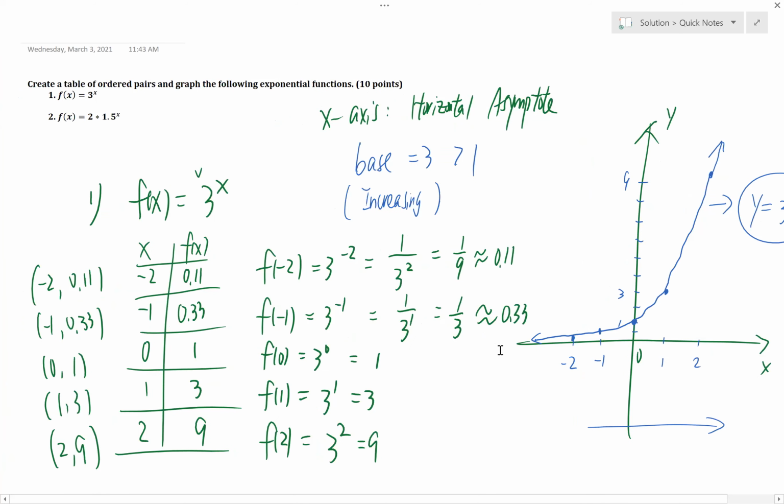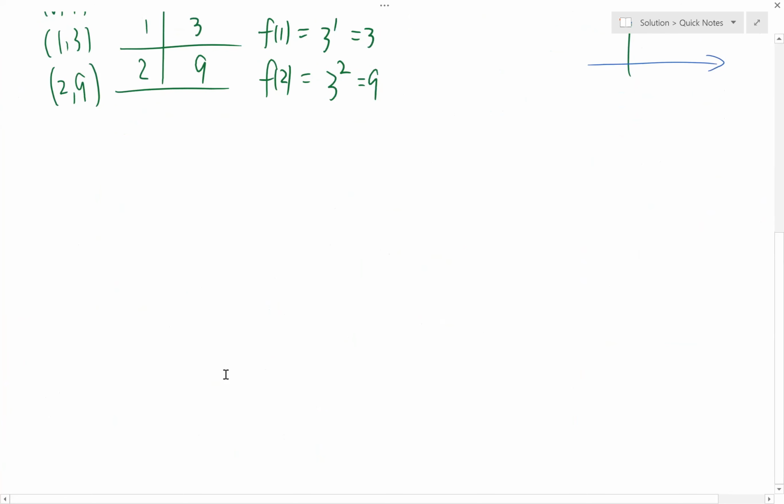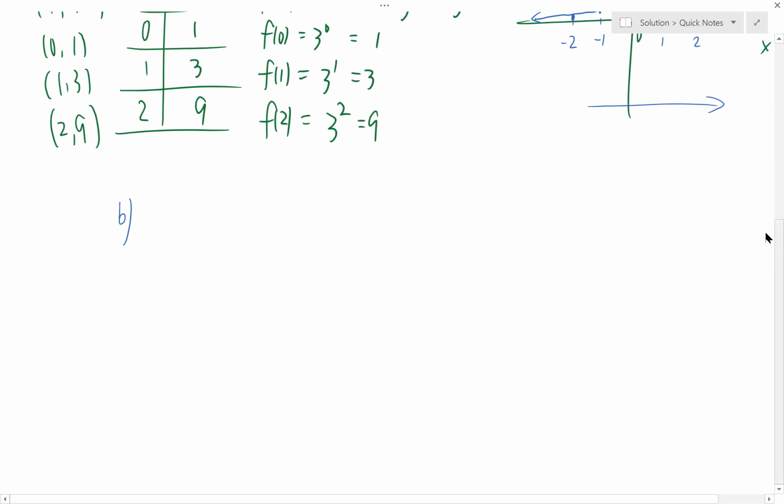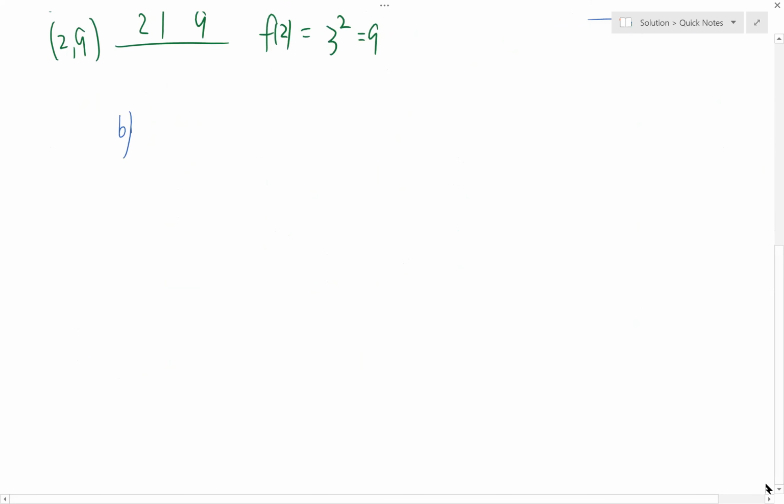And the second one, let's look at the second one. f of x equals 2 times 1.5 to the x. This one is slightly more complicated because we have a coefficient in front of the exponent. f of x equals 2 times 1.5 raised to the x power.